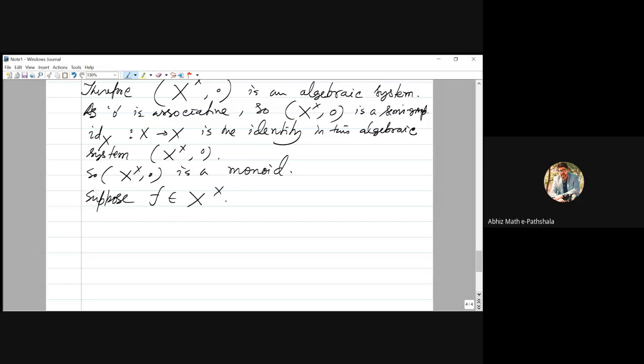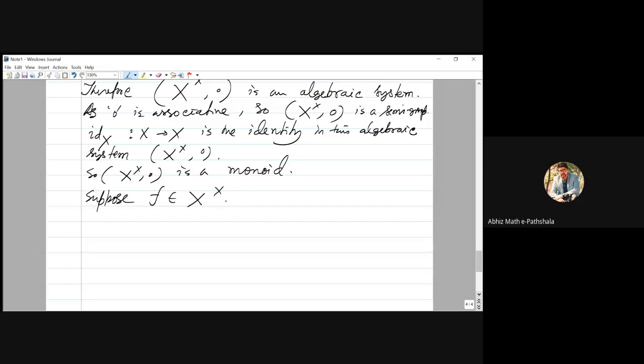In particular, if f is 1-1, then it will have a left inverse, or if it is onto, then it has a right inverse, and if it satisfies both conditions, then it has an inverse.